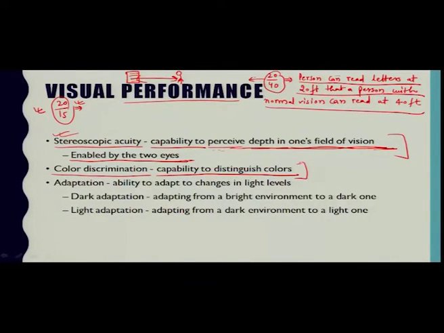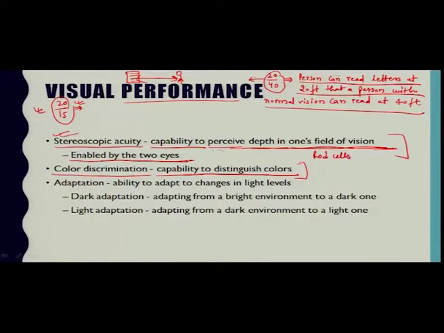So rod type cells are not color sensitive, as we have discussed in the previous slide, that there are two types of photoreceptor cells. First is a rod and second is cone. So those rod cells are not color sensitive, and that is why people cannot distinguish color at very low illumination level.